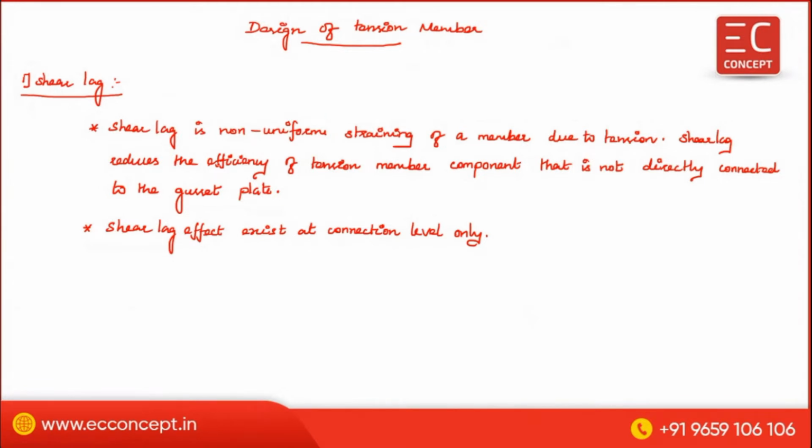Shear lag reduces the efficiency of a tension member that is not directly connected to the gusset plate. So because of the shear lag, the efficiency of the tension member is reduced. Now, the shear lag effect exists at the connection level only. This point is important: shear lag effect generally exists at the connection level.